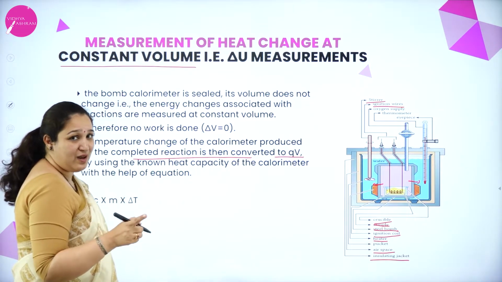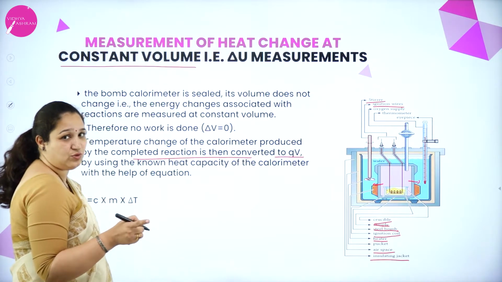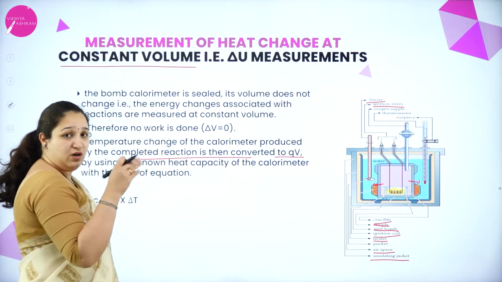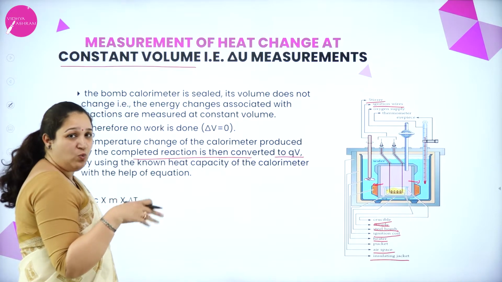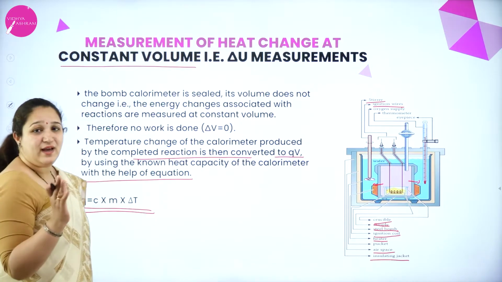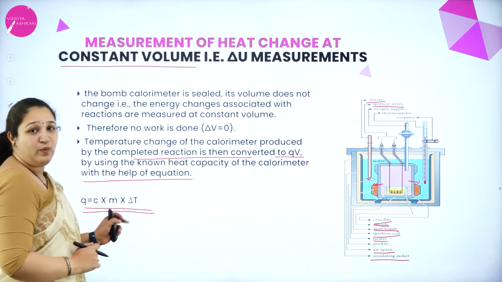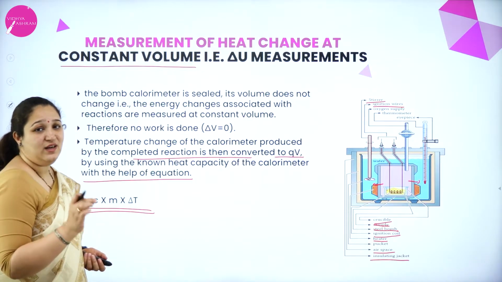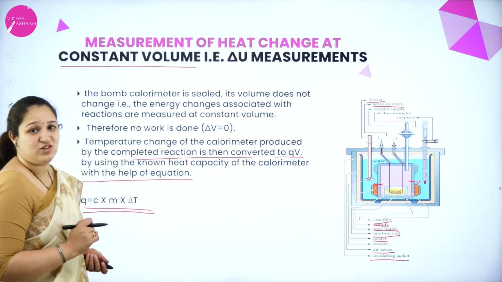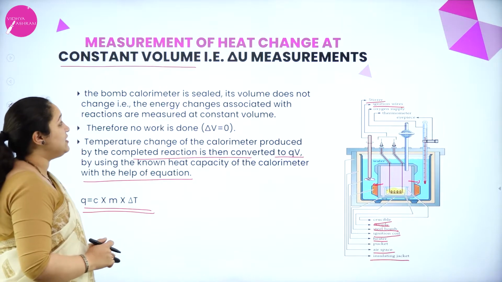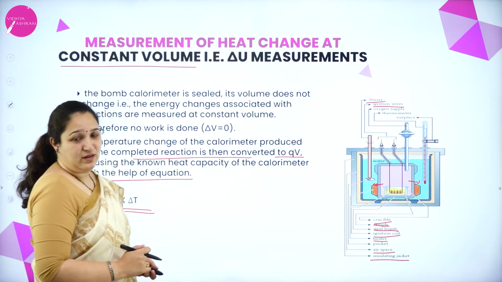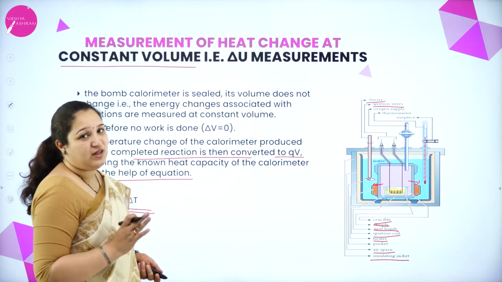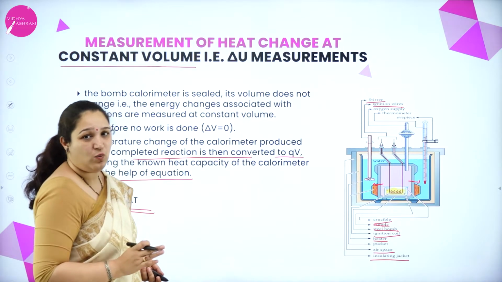I told you the heat capacity of the calorimeter we should know. Also we should know the heat capacity of the water around it, etc. With the help of this equation, we can calculate the internal energy change. So that's how, using the bomb calorimeter, we can calculate the change in internal energy at constant volume.